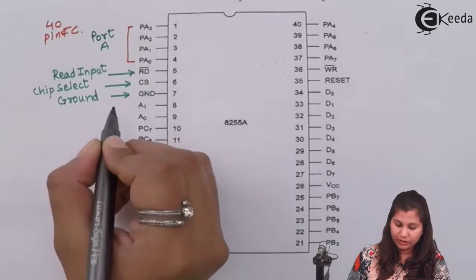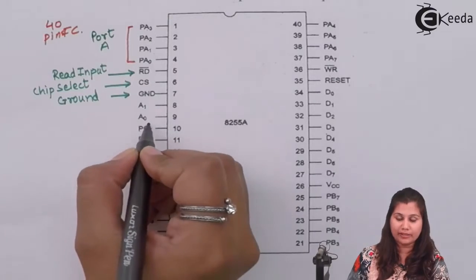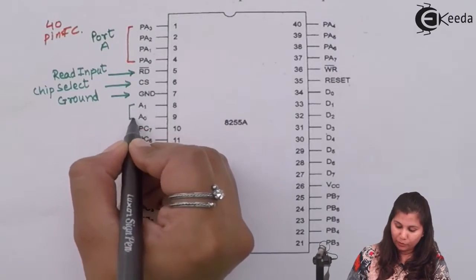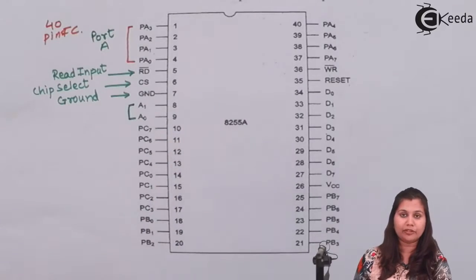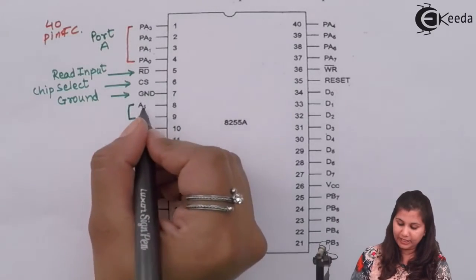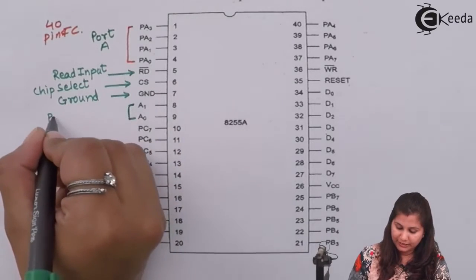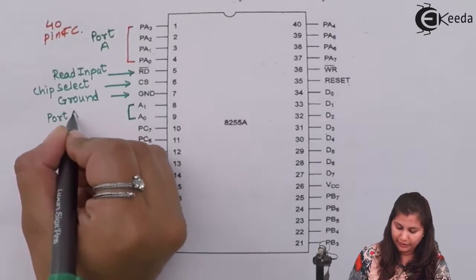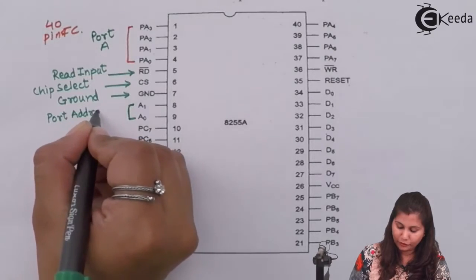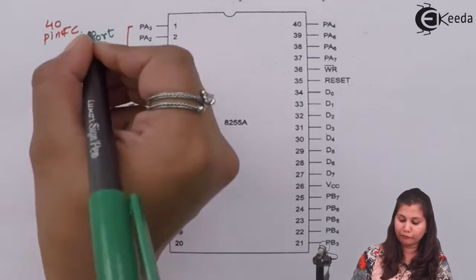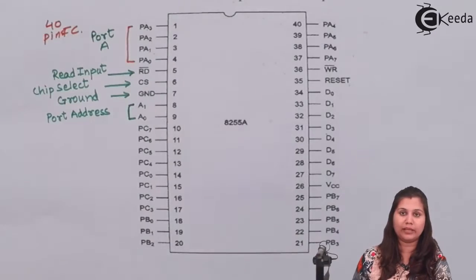A1 and A0, these are the port addresses. Which port is to be selected and in which mode it is selected is decided by A0 and A1. So we can say that these are the port addresses. They decide the address of the port, which port out of port A, B and C has to be selected.